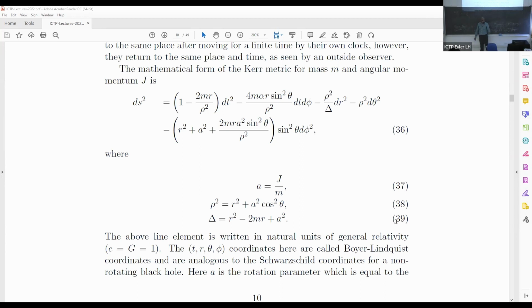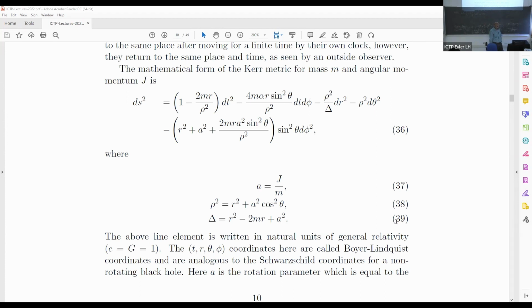Okay, the Kerr solution. In order to use the same parameters and definitions, this is rho squared, minus 4mar sine squared theta over rho squared.